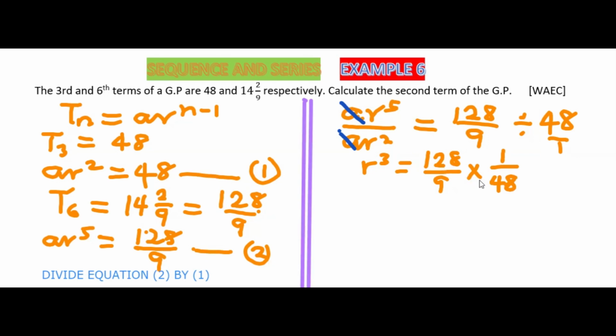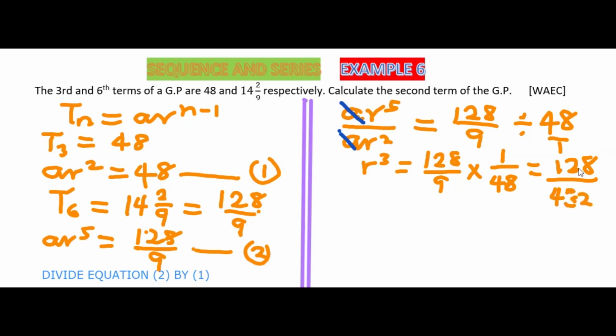To simplify this, we say 128 divided by 48 should be able to go. Okay, 9 times 48 gives 432.